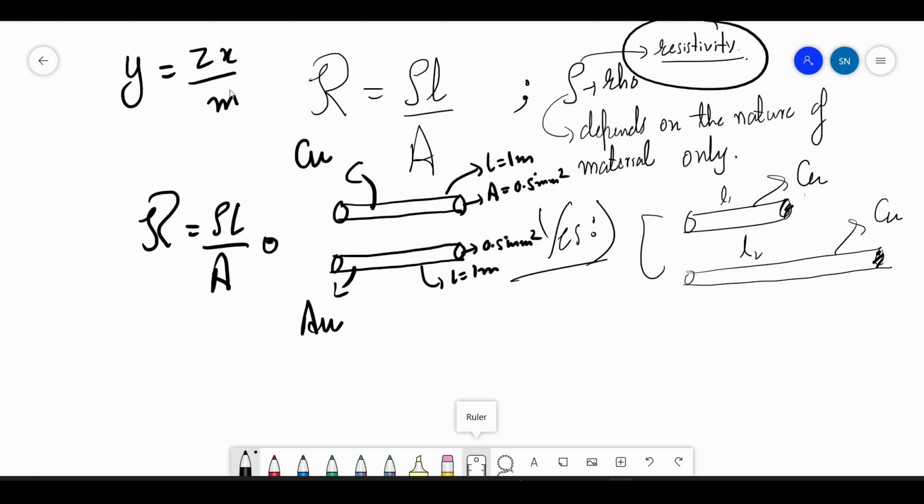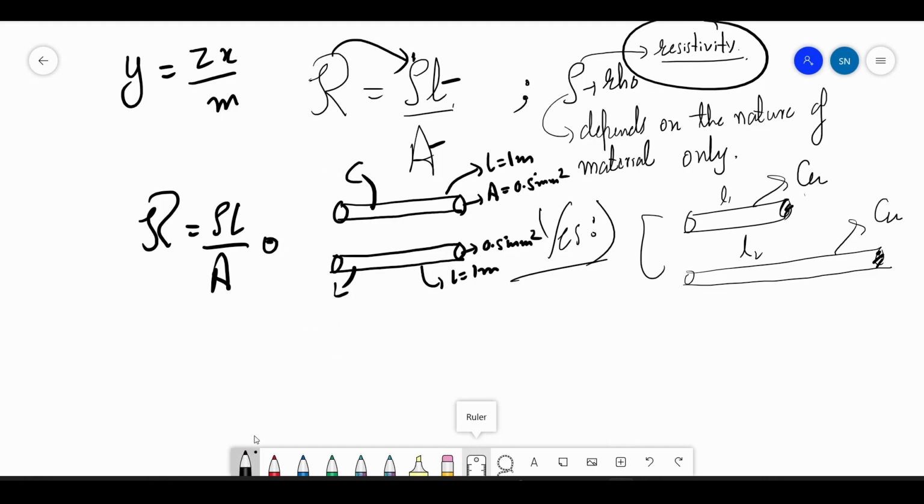If z and m are constant but x changes, that will still change y. Same is the case here. If L and A are the same but rho is different, that will still change R. If rho is the same but L and A are different, that will still change R, right?